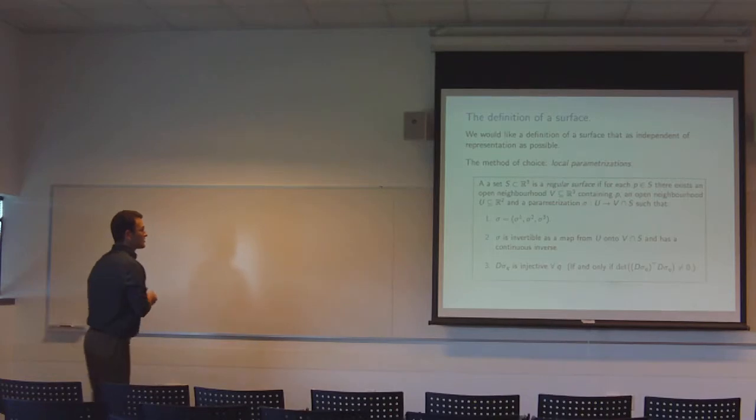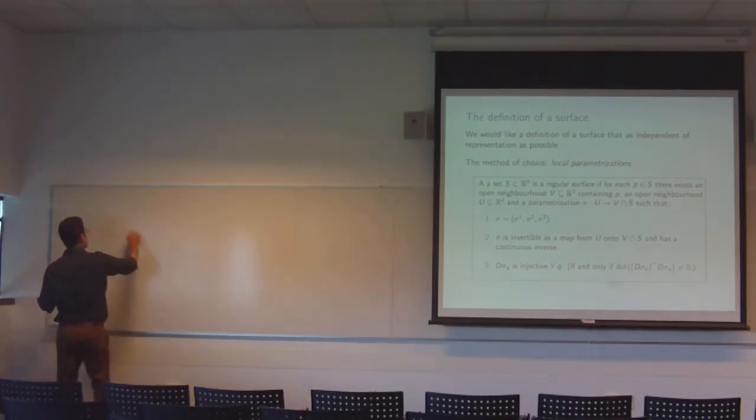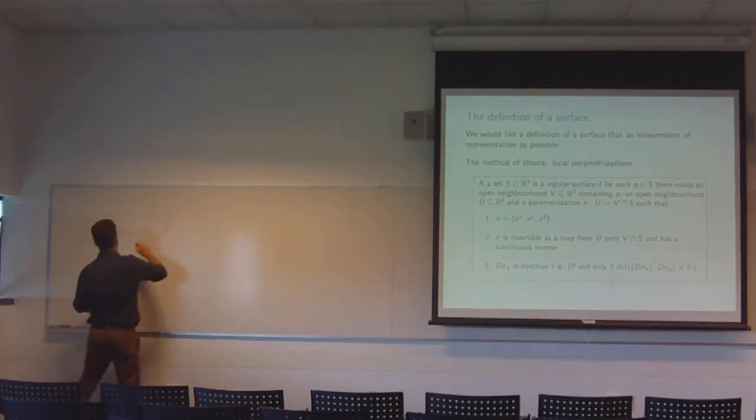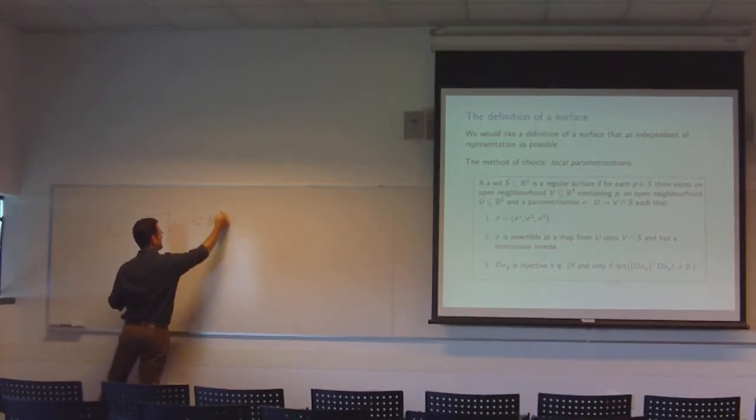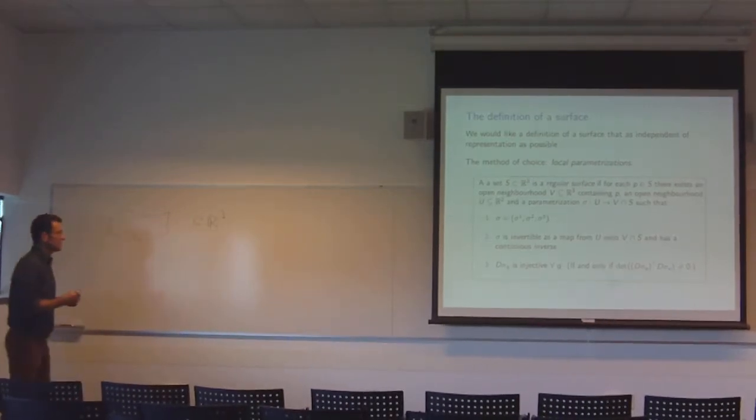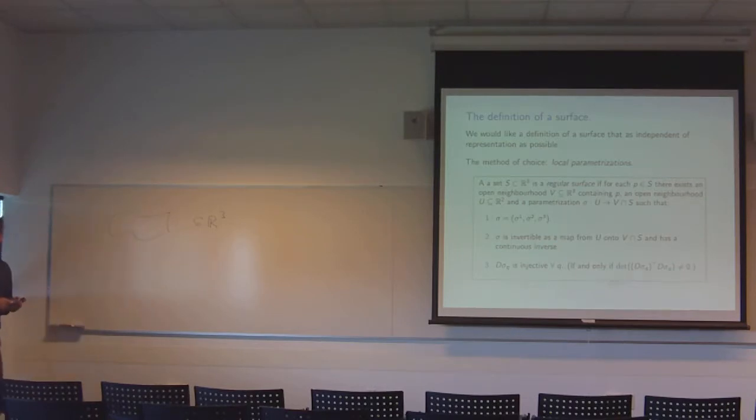Okay, so what's a regular surface? A regular surface is going to be some geometric object, let's say it lives here in R3, for which a local parameterization property is true everywhere.